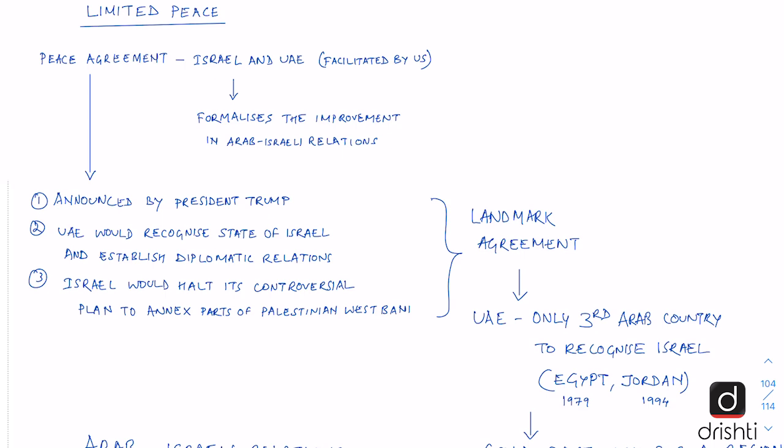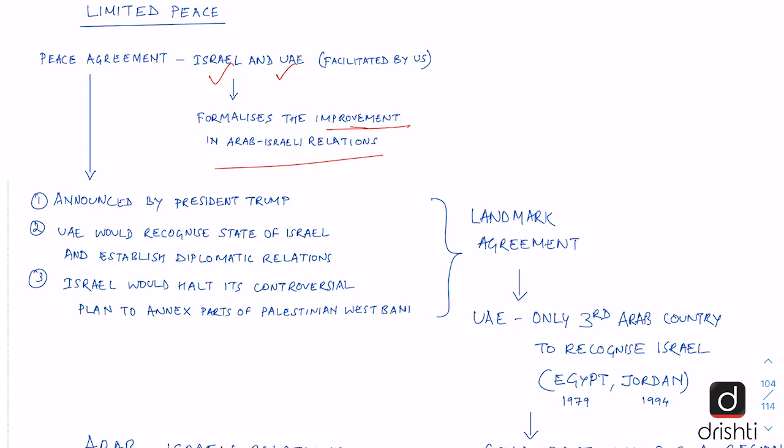So the editorial says that the peace agreement that has been reached between Israel and UAE and which has been facilitated by US formalizes the improvement in Arab-Israeli relations that have been seen over the years.